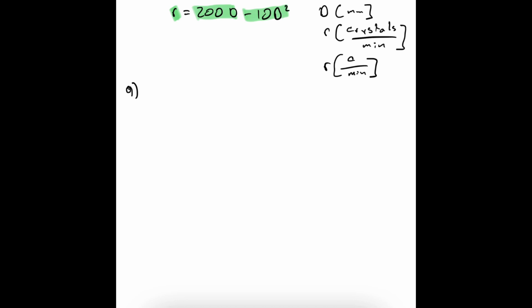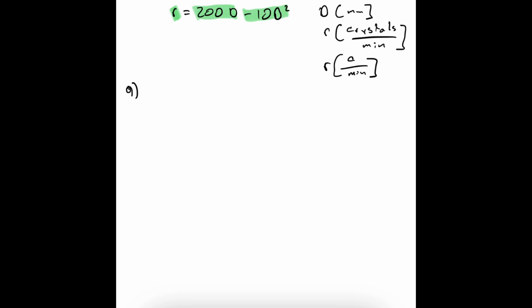So in this function, r has the same units as 200 times d minus 10 times d squared. Each one of those terms, there's 3 terms, each one of them has to have the same units. We already know what the units of r are, so now we can calculate what the units of 200 and 10 are because we know the units of d.